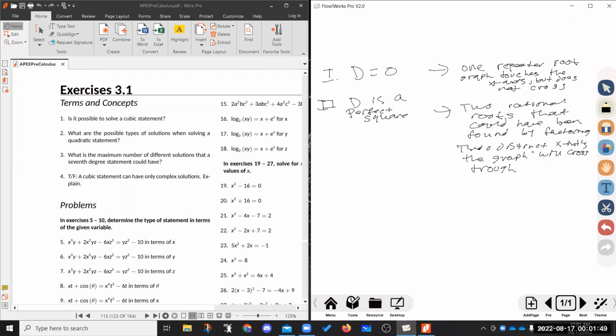Okay. If D is positive but not a perfect square, we'll get 2 irrational roots from the quadratic formula.